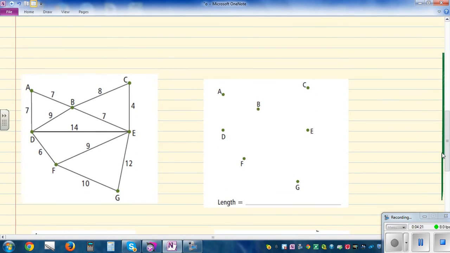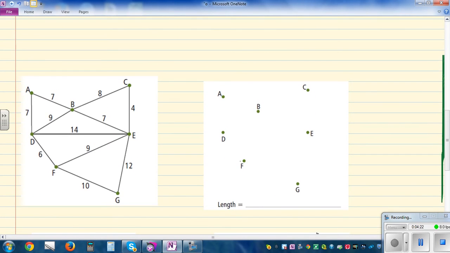Look at this. Okay, so here again, what are we going to do? Which is the smallest here? Okay, the smallest is 4. Am I right? So this is to be connected first. So C and E, that is 4.